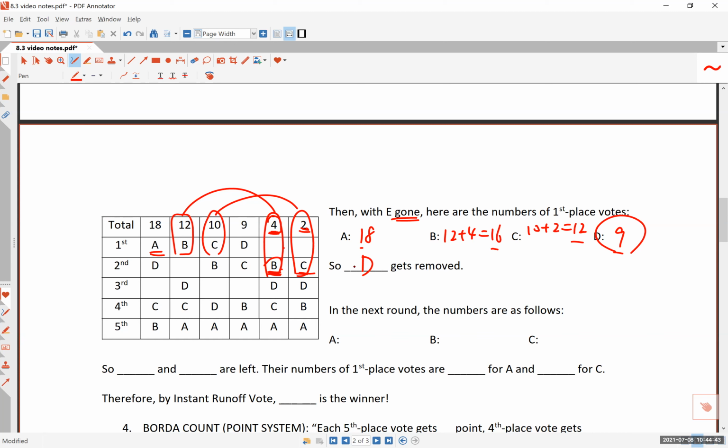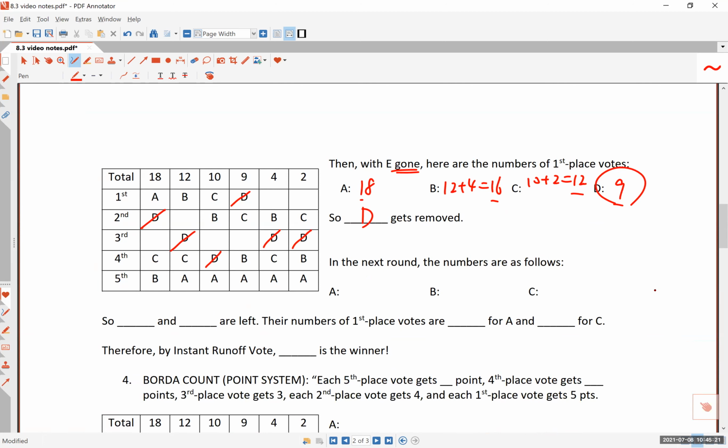Okay, so now in the next round, we look at these numbers when E and D have been eliminated. Let me just go ahead and make different marks on this chart. We had already removed E, and now I am going to remove D. So I crossed out all the D's here, right? Now only A, B, and C are left.